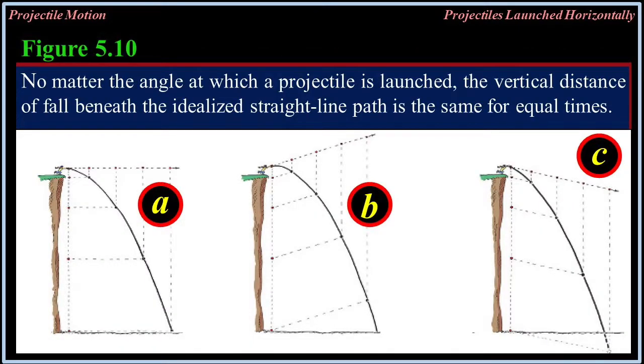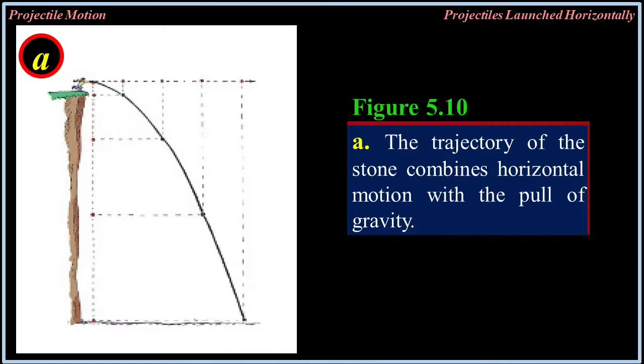Figure 5.10. No matter the angle at which a projectile is launched, the vertical distance of fall beneath the idealized straight line path is the same for equal times. Here's A, B, and C. A. The trajectory of a stone combines horizontal motion with the pull of gravity.